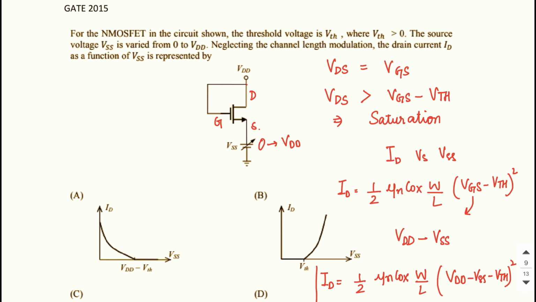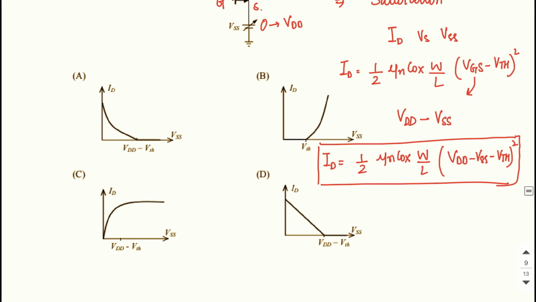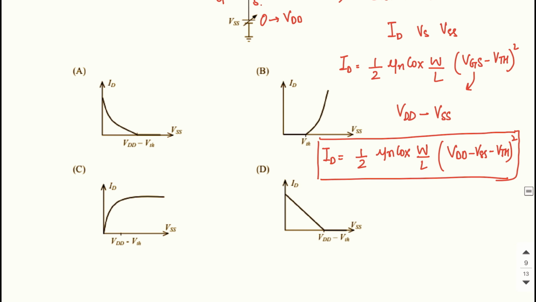Now by looking at this equation, you can come to the correct answer. It is very clear that as VSS is varied from 0 to VDD, this drain current will definitely decrease. So we can simply eliminate the second and the third options, B and C, because the current is definitely going to decrease.